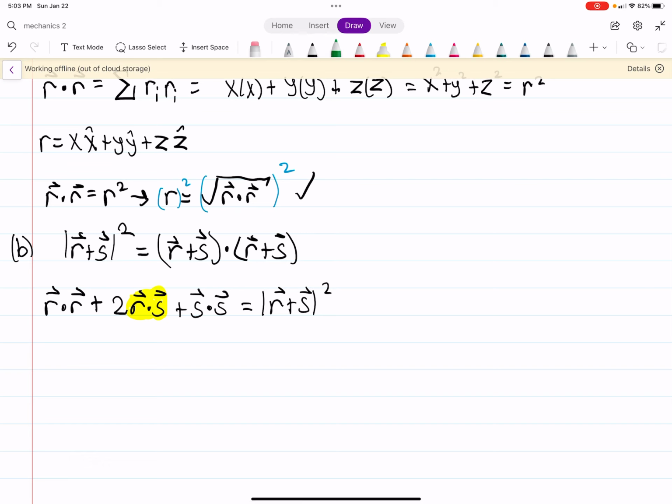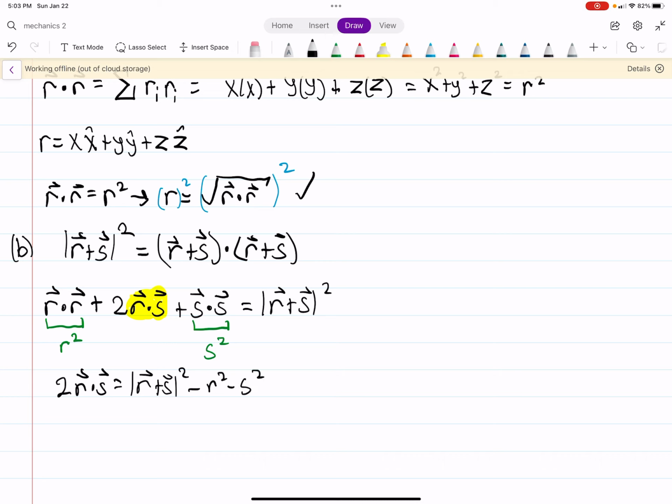And we also know r dot r is r squared, and s dot s is s squared, again from part A. So we get 2 r dot s equals what we had on the right hand side, and then we subtract off an r squared and an s squared.